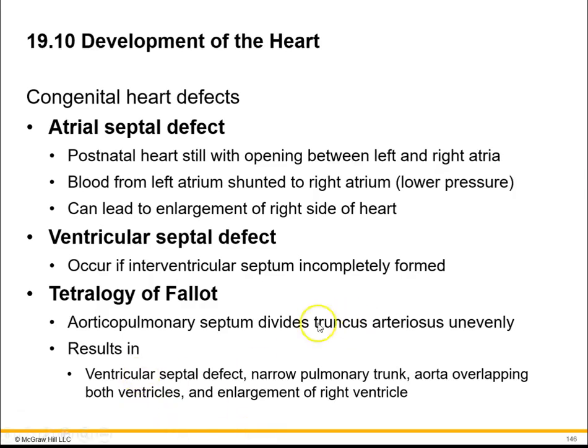What happens is if that septum divides it unevenly, you can get tetralogy of Fallot. This is going to result in a narrow pulmonary trunk and an aorta overlapping both ventricles. With this, you also see ventricular septal defect and an enlargement of the right ventricle. So there's four things going on with tetralogy of Fallot. That's where tetra, meaning four, comes from.